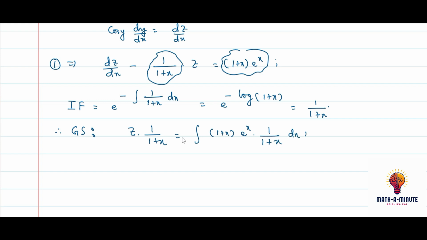Okay, so it will cancel out, e to the power x dx plus c. So it is e to the power x plus c. Okay, so therefore we can write this equation z equals to e to the power x plus c into x plus 1, where c being arbitrary constant.